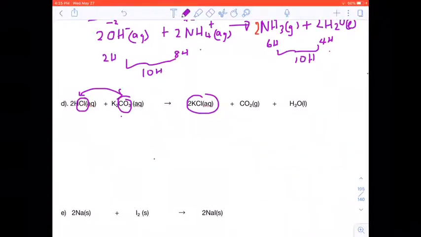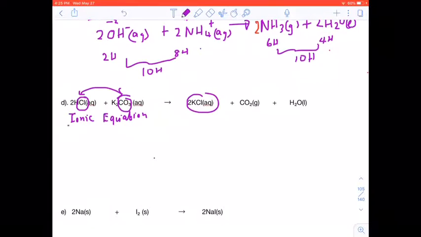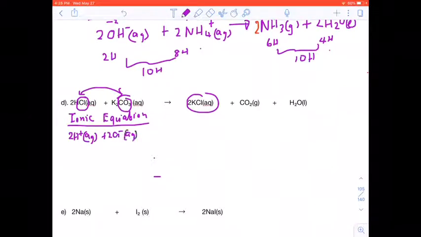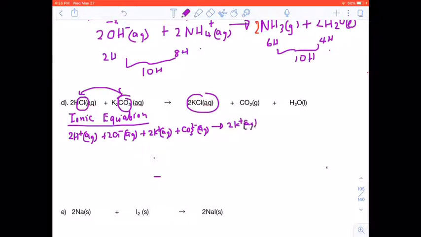The ionic equation would be 2H+ aqueous plus 2Cl- aqueous, right, plus 2K+ aqueous plus CO3 2- aqueous, which then gives us 2K+ aqueous plus 2Cl- aqueous.